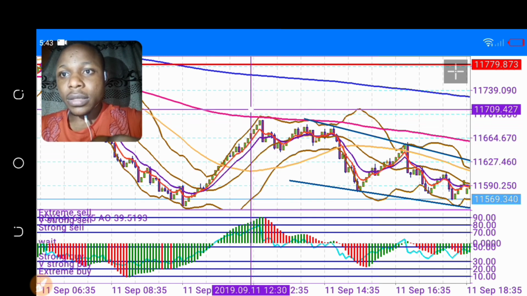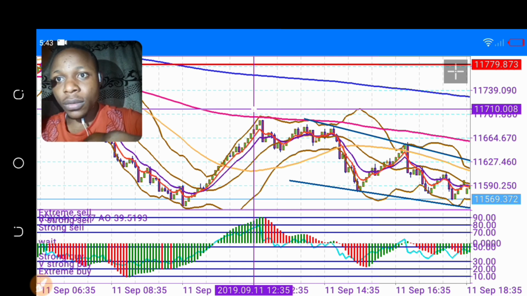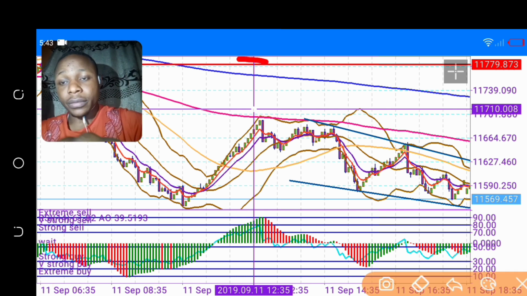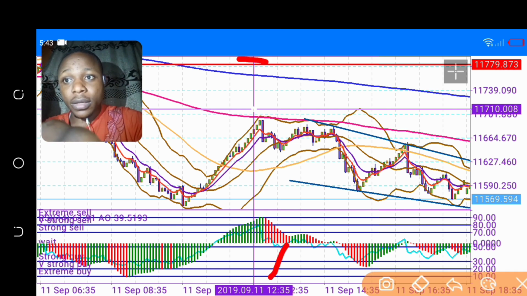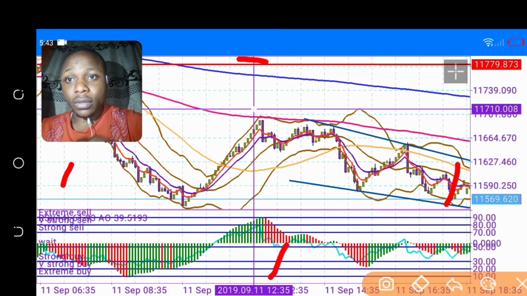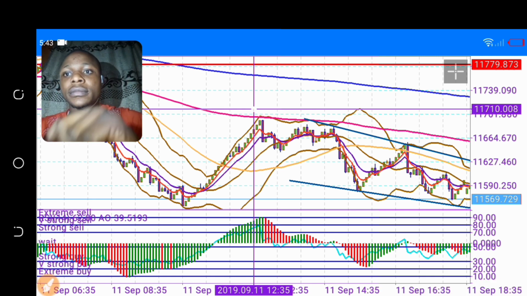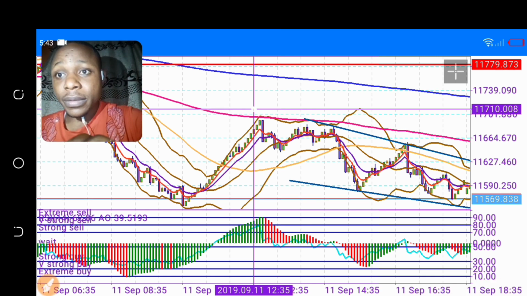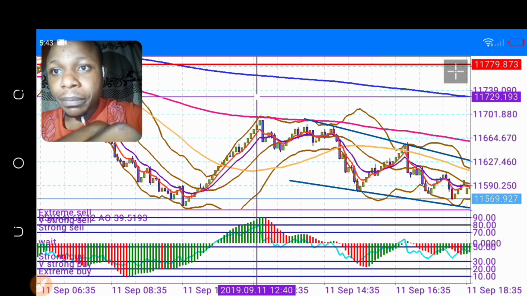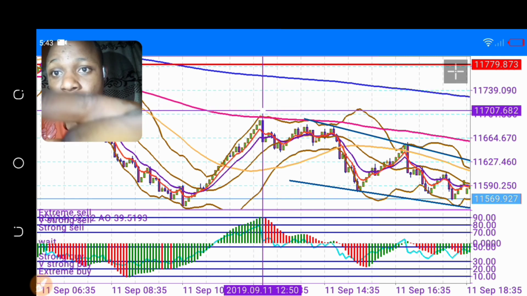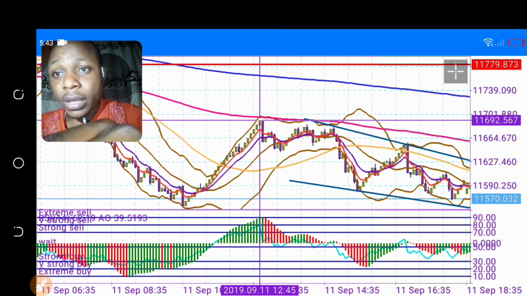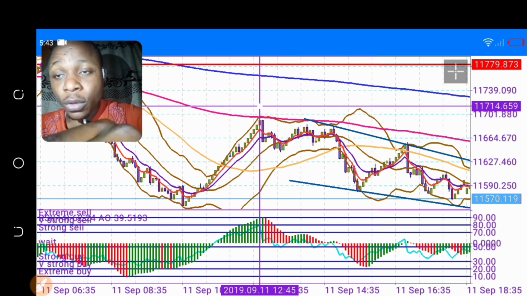Adjust this. You can see there are two lines. There is a vertical line that goes from up to down, and a horizontal line that goes from left to right. So to calculate pips of a candle, or from where you are selling to where you are taking profit, right now I'm using only one finger to control it.